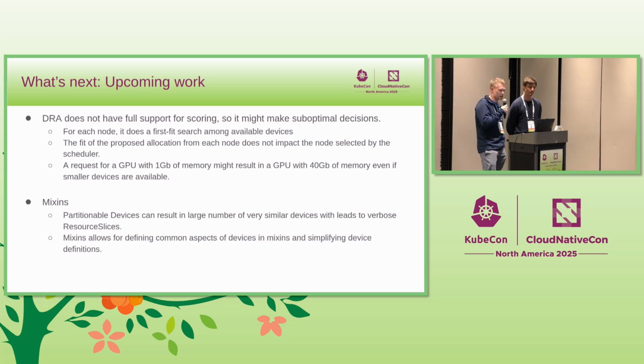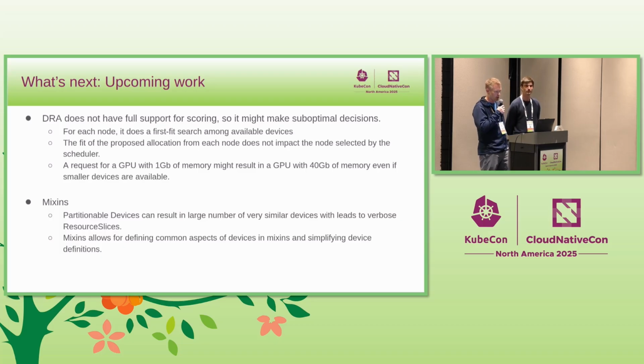So DRA does not currently have full support for scoring, so it might at times make suboptimal decisions. For each node, it does a first fit search among the available devices. So if you have a workload that asks for 1 gigabyte of memory, and it finds a device with 40, it'll say, yeah, that works.